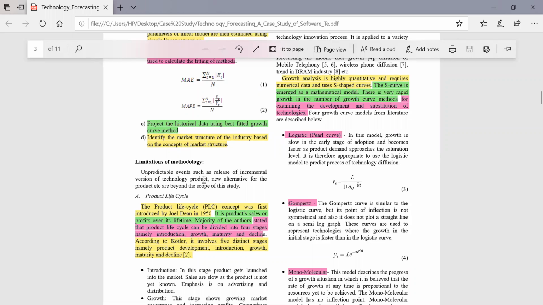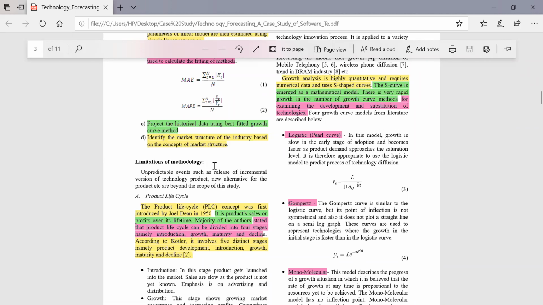So you will be having one product which is thrown into the market. Incremental version means you are sending some upgradation to the existing product into the market year wise, one after the other. How these variations will be handled is not currently mentioned in the paper, but even that has to be considered. And a new alternative for the product also could be possible, even that is not included in this study.